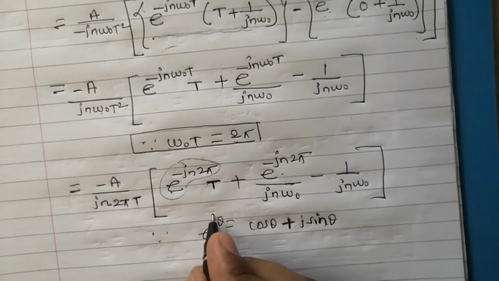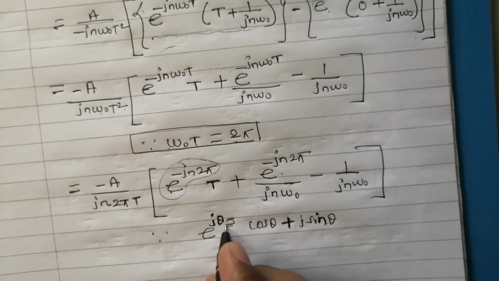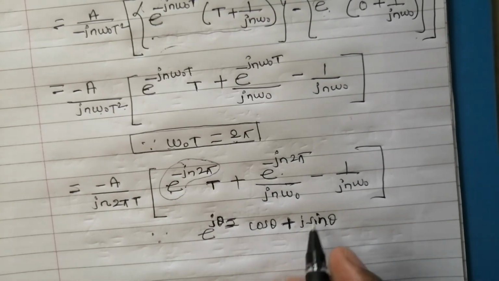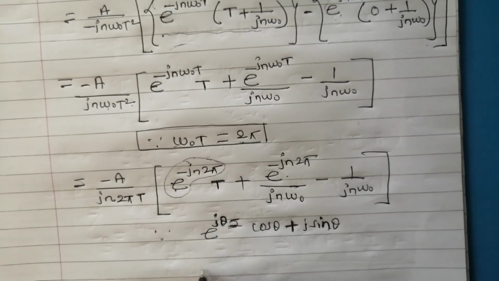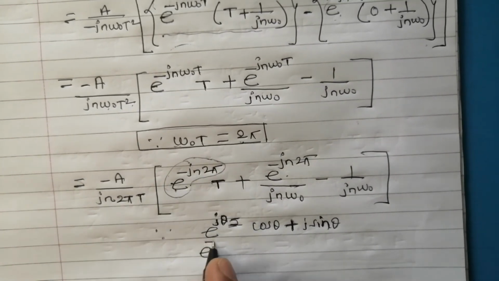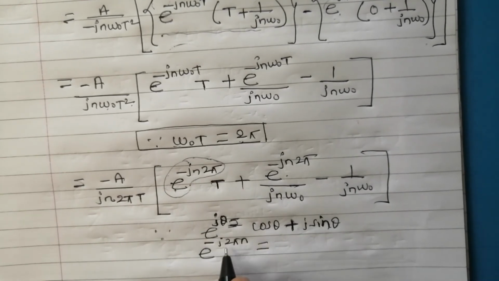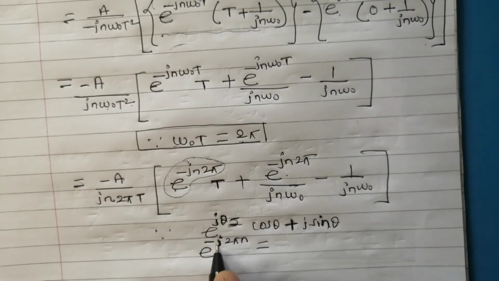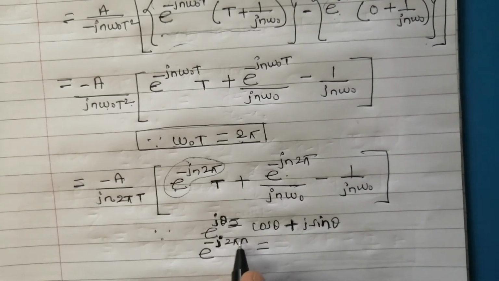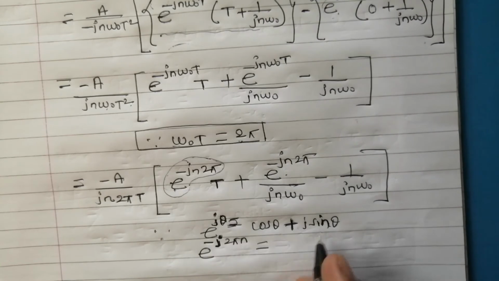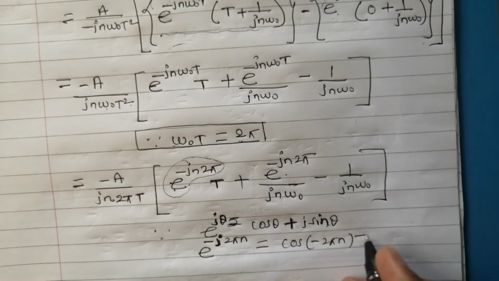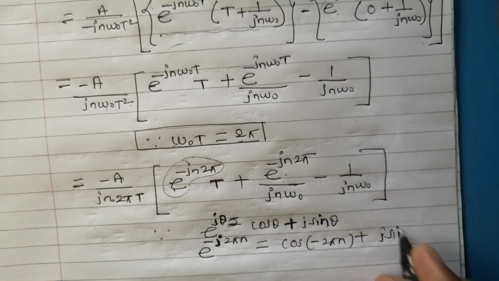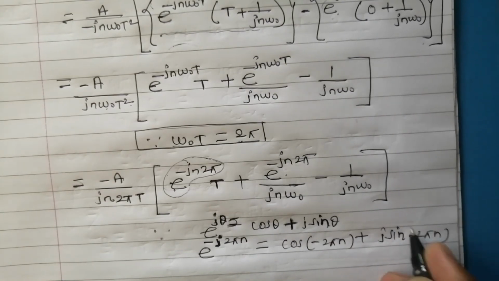If you compare this with this part, we can write e raised to power minus j 2 pi n. Along with j there is minus 2 pi n, which is nothing but theta. So we can write here cos of minus 2 pi n plus j sin of minus 2 pi n.